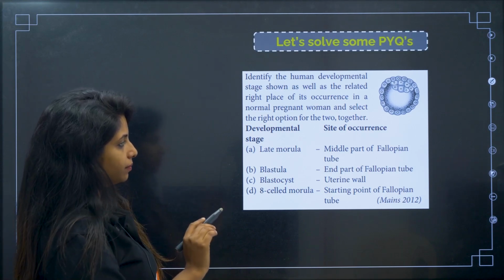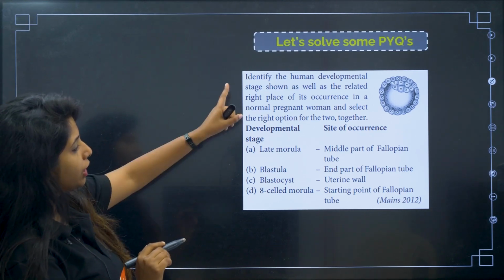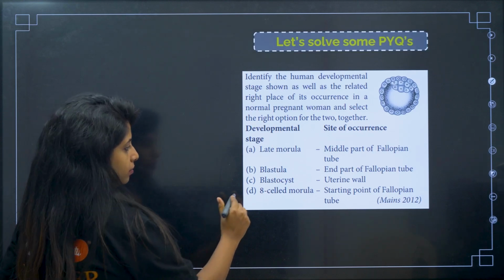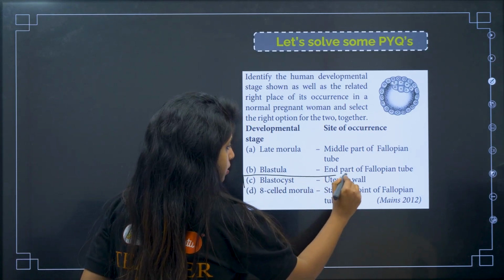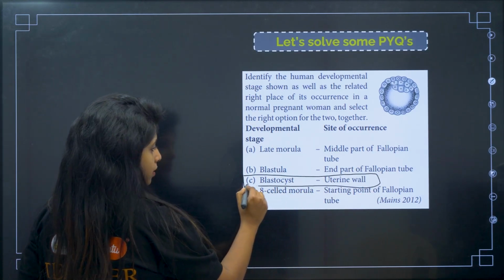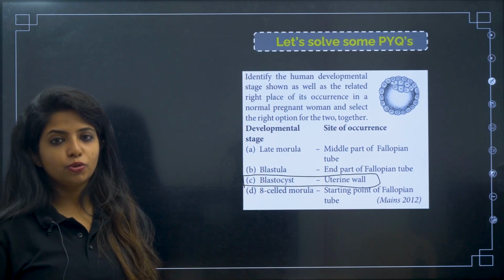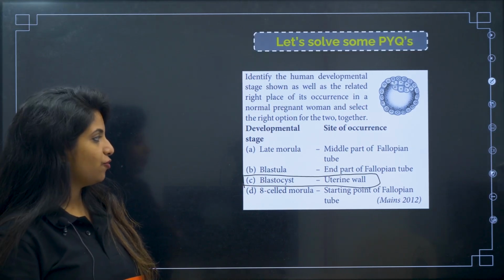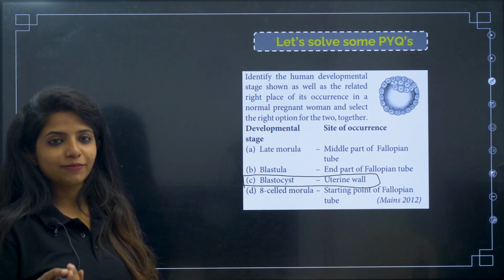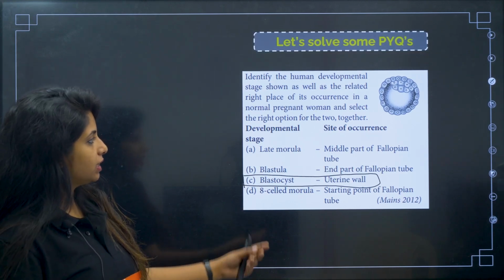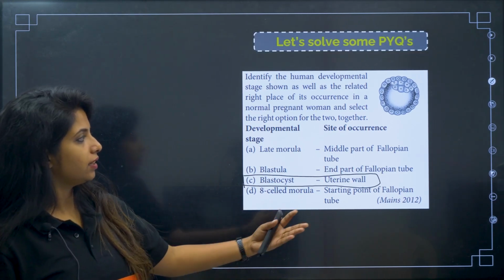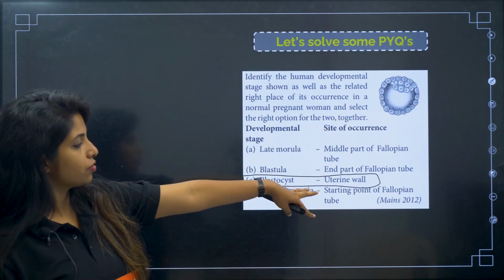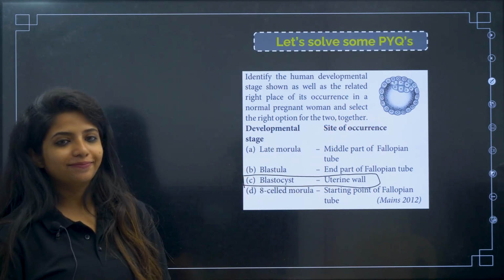The easiest thing is to identify the one that has everything correct. Blastocyst in the uterine wall. Is it correct? Obviously, it has to be correct. So that is the correct answer. We just studied it right now. So the picture that you see is of a blastocyst, and it is there in the uterine wall.